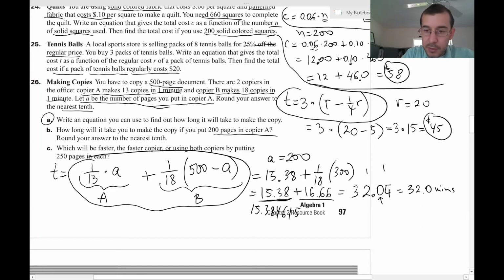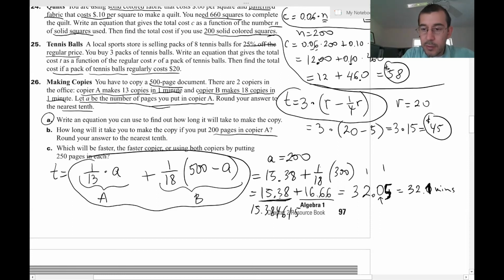So this becomes 32.05 if we use all the decimal points here, and then now rounding to the tenth, this would be 32.1.